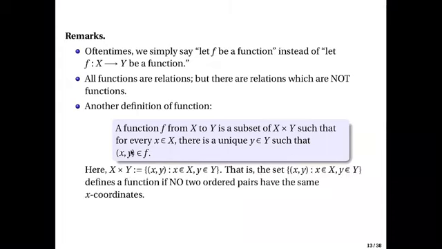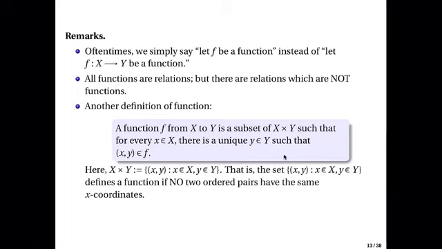So what does this mean? If your function is written this way, this set of ordered pairs x comma y, where x is coming from capital X and y is coming from capital Y, defines a function, take note of that, if no two ordered pairs have the same x coordinates.